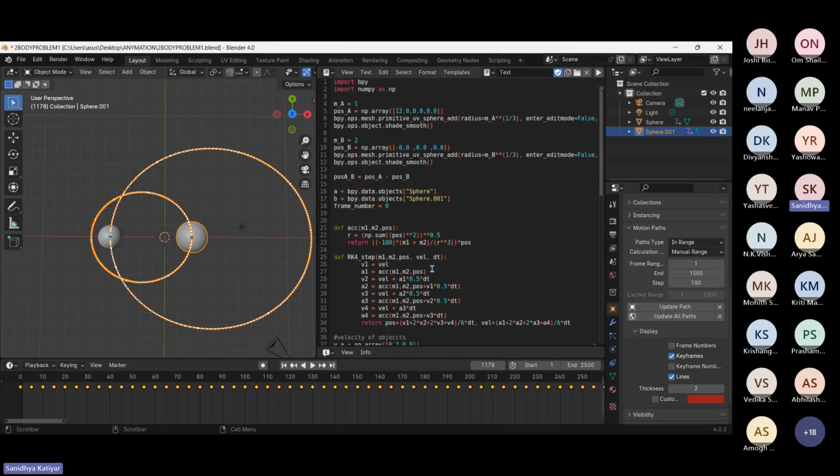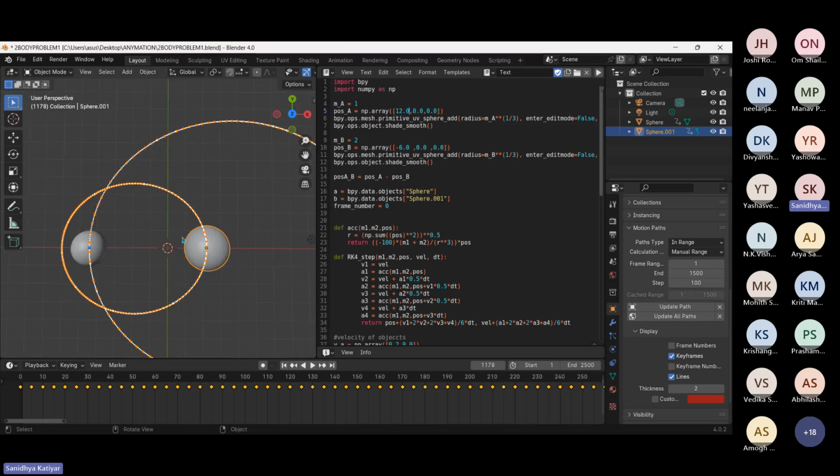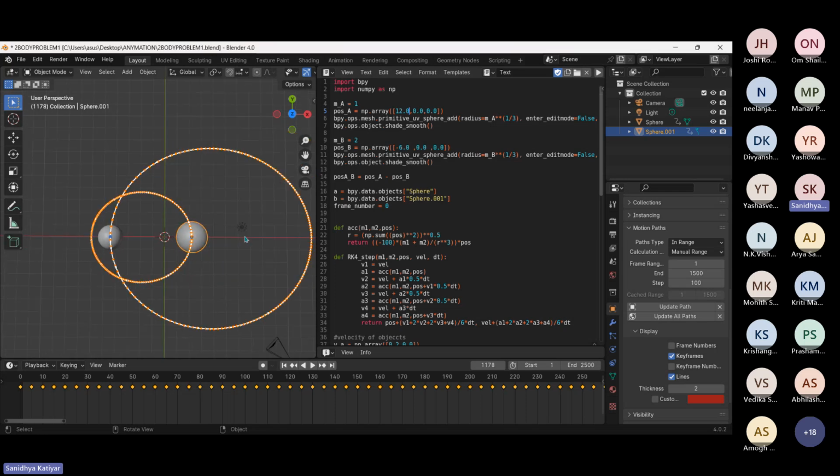If the initial position of object 1 was 12 and object 2 was -6, and we calculate the position of the center of mass, it comes out to be the origin. So they are revolving in elliptical orbits around the center of mass, which is the origin. And the line joining these two objects will always pass through the origin.